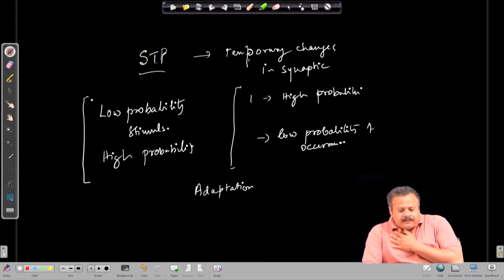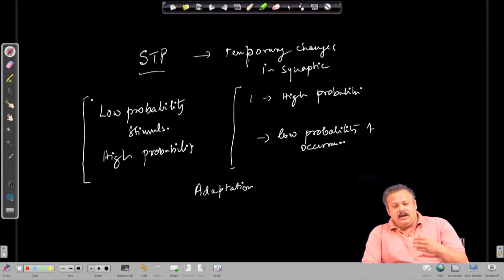If you enter a dark room, for example, and you are in there for a little longer, initially you would not be able to see anything, and gradually you adapt, and then you get to see at least the major structures in the dark room with minimal light. Similarly, when you are hearing a sound for a long time, gradually its sensation reduces, and these are all replicated in the responses and can be explained by these short term phenomena.